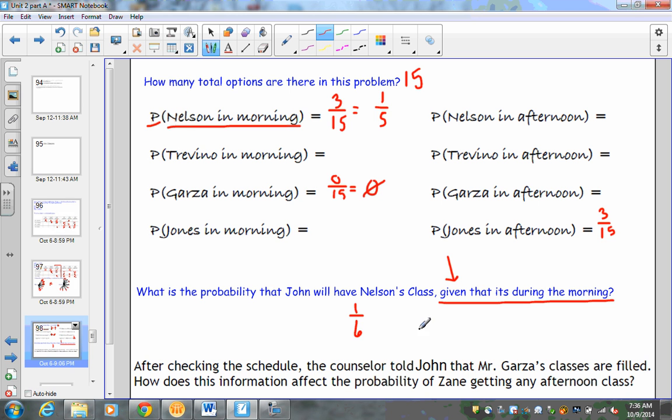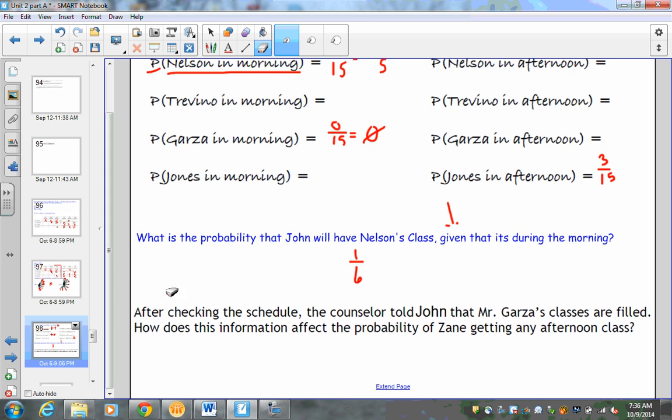If this was not here, it would be 1 over 15 because you'd be looking at everybody as opposed to just the morning, but it doesn't do that, so we have to bring the given in, give it its due, and make sure we apply that correctly. And of course, you can do the rest of the ones up top if you really want to.